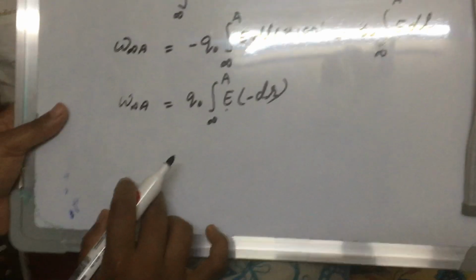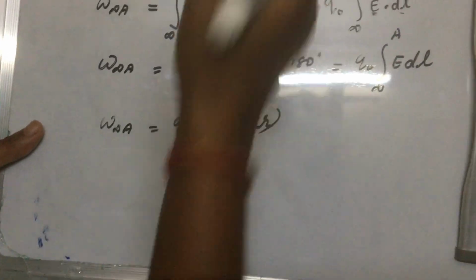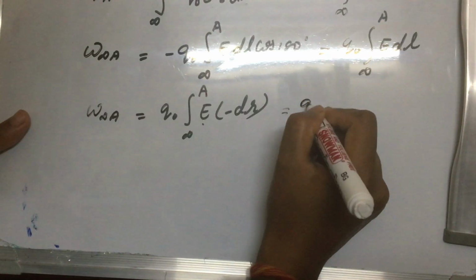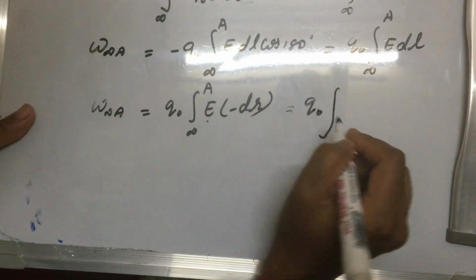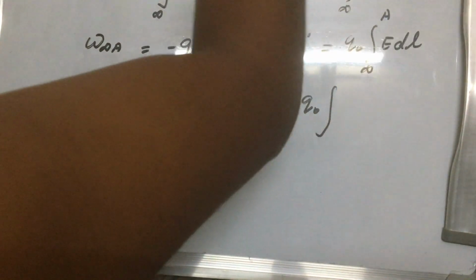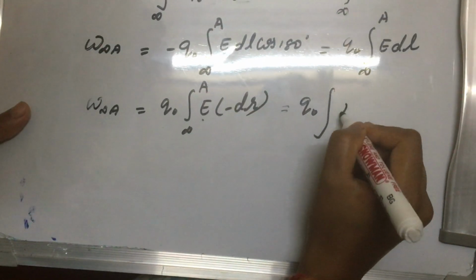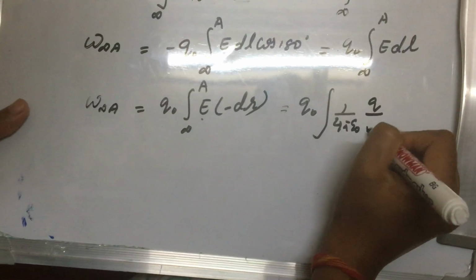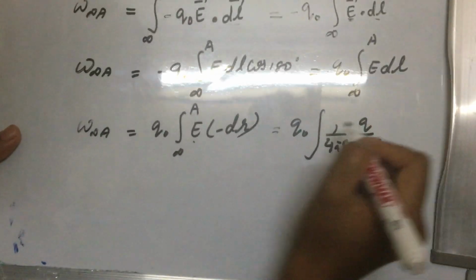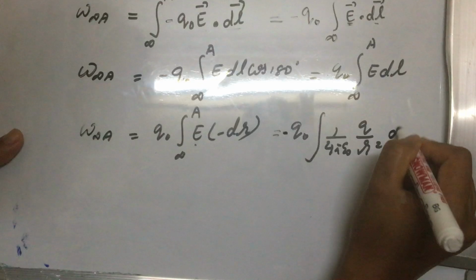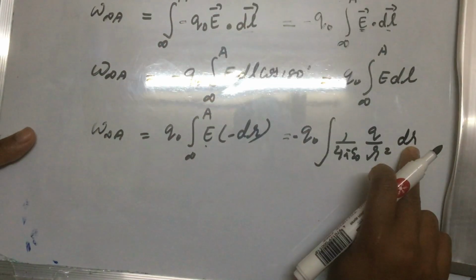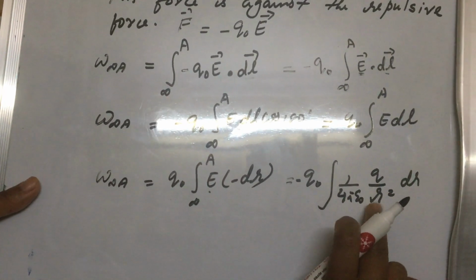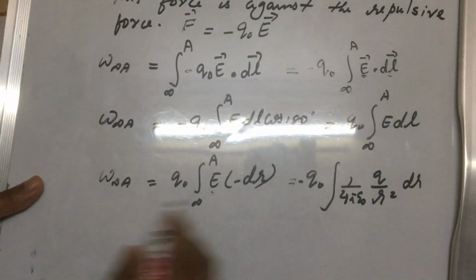After integration we will put in the definition of potential, then we will get everything. So Q0, electric field at PQ is the same: 1 by 4 pi epsilon q by r square, and there is a minus dr. See, why I have chosen dr in place of dl, because in our expression there is r, so integration will become easier.